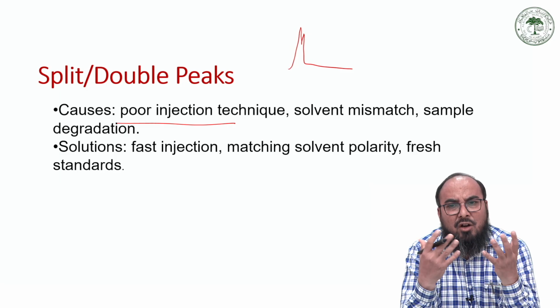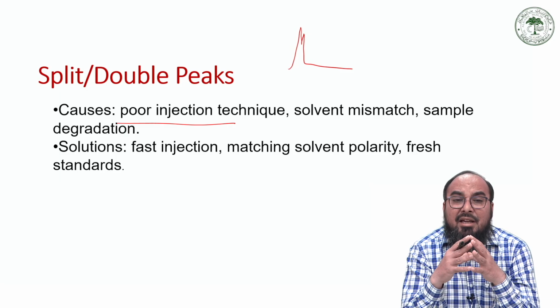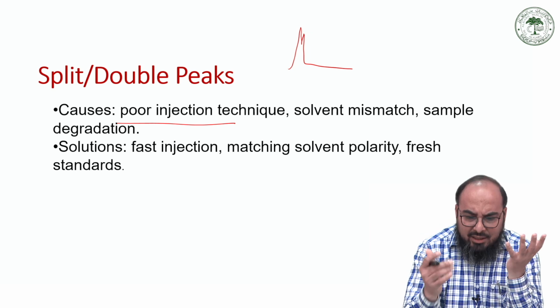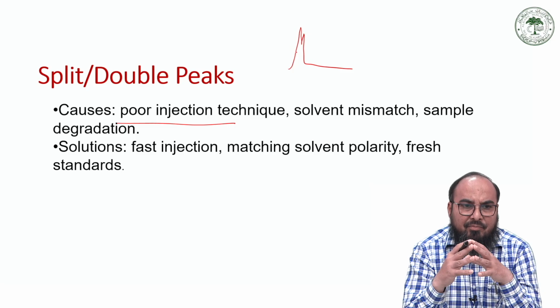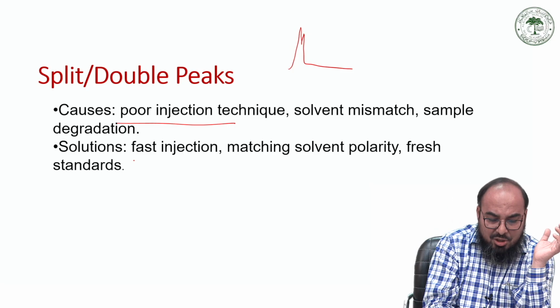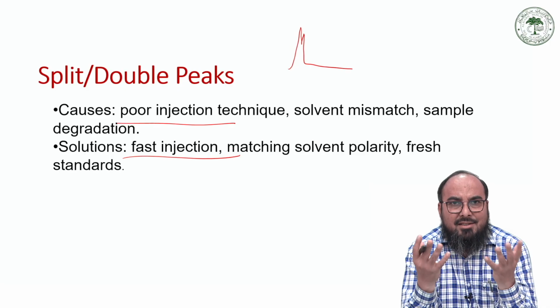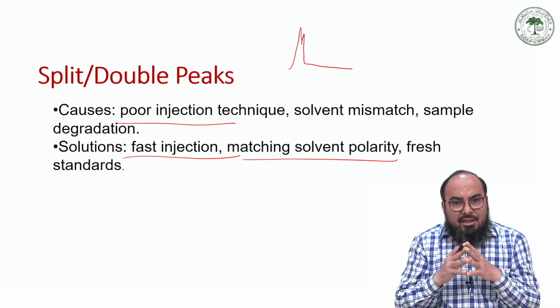Similarly, there may be a solvent mismatch, or sometimes your sample degrades, which may be thermal degradation also. In those cases, you get this type of peak, a double peak or split peak. And what is the solution? The solution is you have to use fast injection, splitless. Similarly, you have to make sure about the polarity.